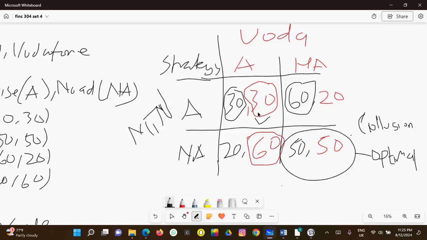Since here is optimal, and checking the solution, the payoffs here and here will give us 100, and here is going to give us 60. And you add them. So since the Nash equilibrium is lesser than the optimal, then we are saying that the solution to the game is suboptimal.